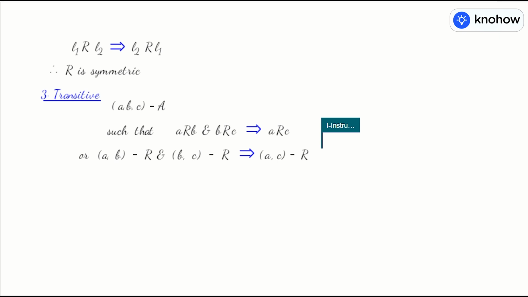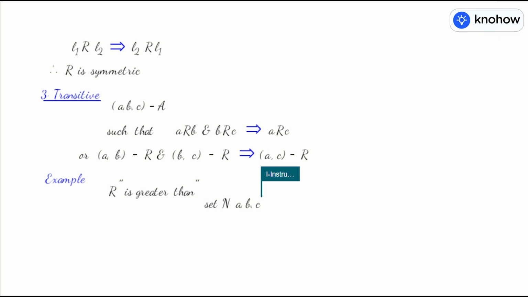Now let me take an example for this. Let the relation be defined as is greater than on the set of natural numbers N. We want to verify that the relation is greater than is transitive on the set of natural numbers. So let a, b, c be any three natural numbers.